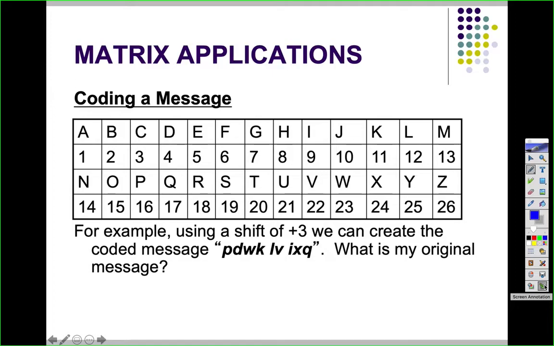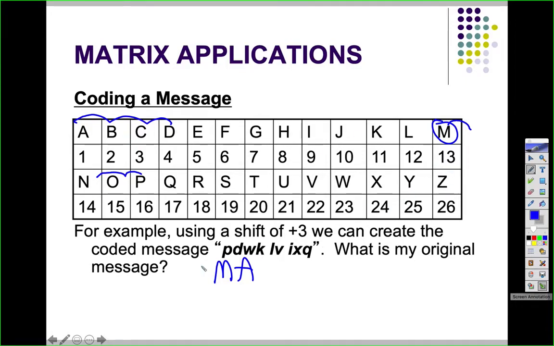If I'm looking at the letters here, P, I see where P is, and the only way to get back to the original letter is -3. From P, -1, -2, N, -3, my first letter would be M. D, -3 is A. Again, if you had to go -3 from B or A, you go to the back of the alphabet, or the front, whichever way you need to go.